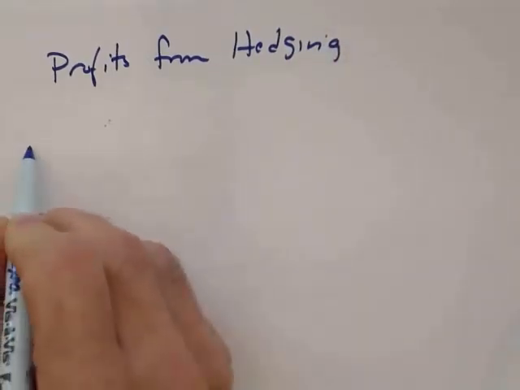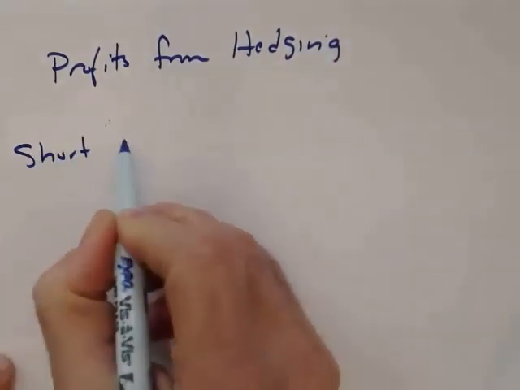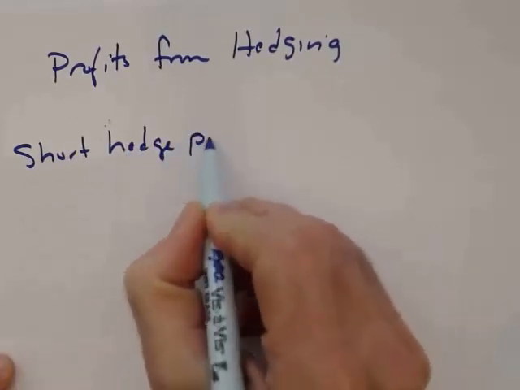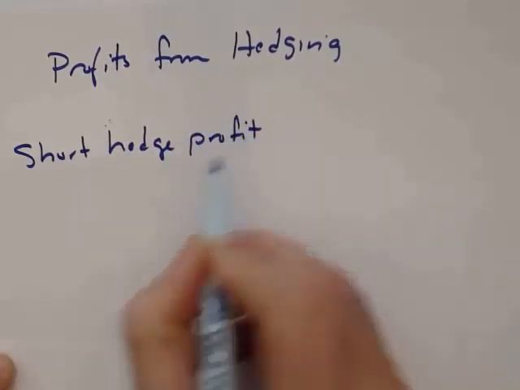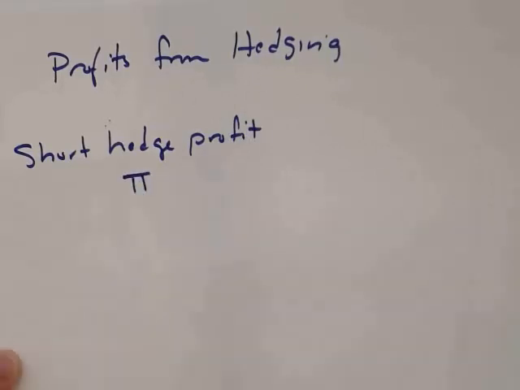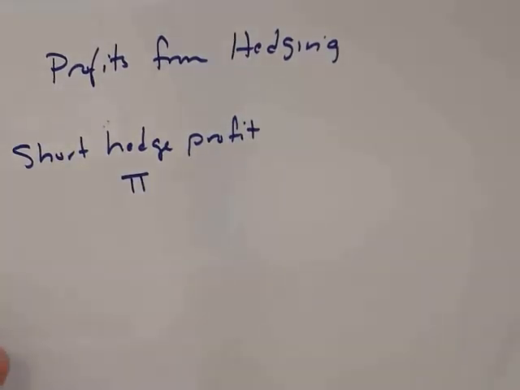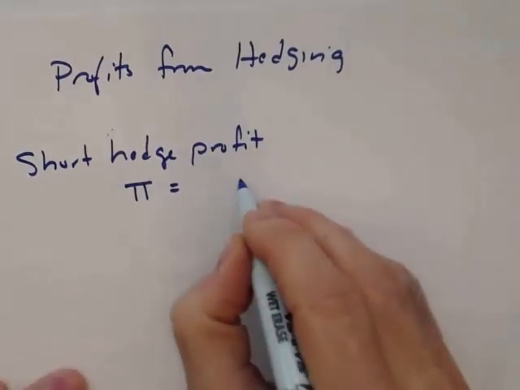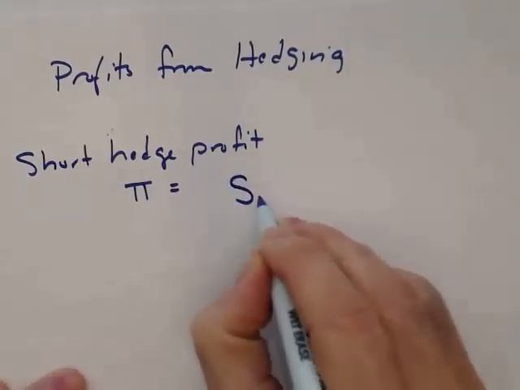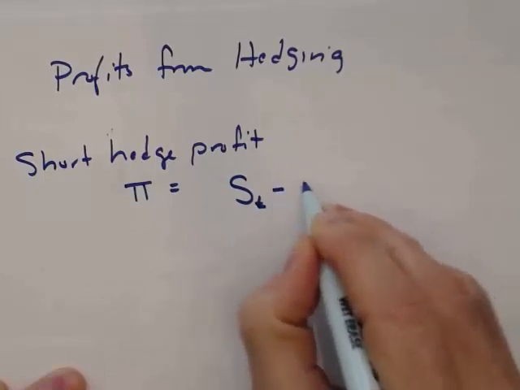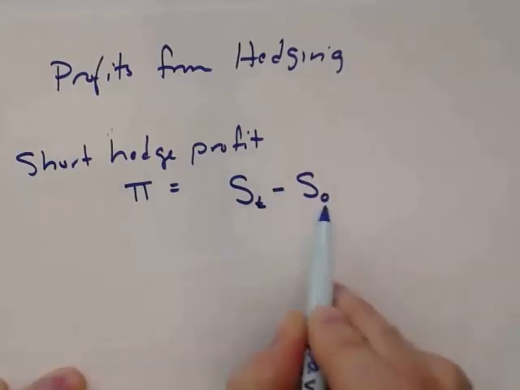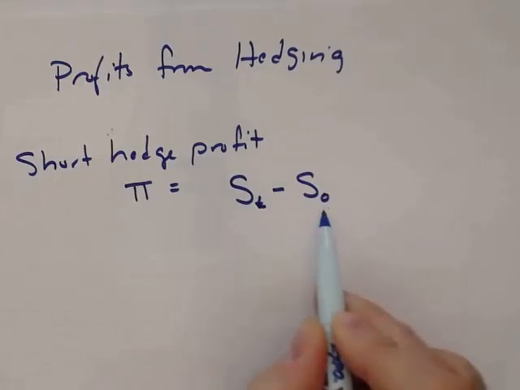And so first off, let's define, as the textbook does, a short hedge profit. A short hedge profit, pi will stand for profit. Okay? And here's how it's defined. It's going to be the spot today minus the spot when we put on a position.